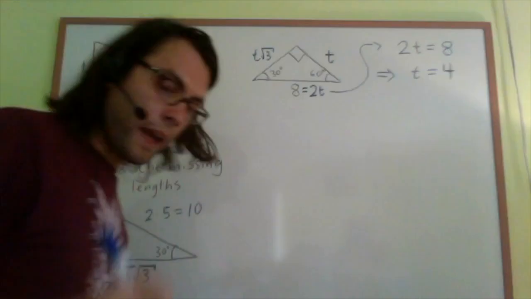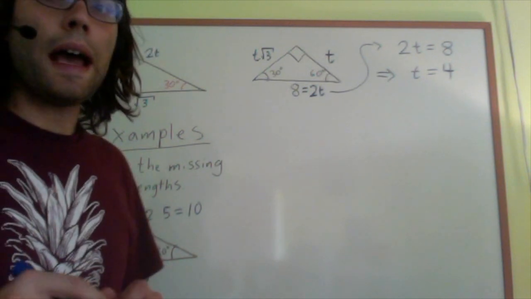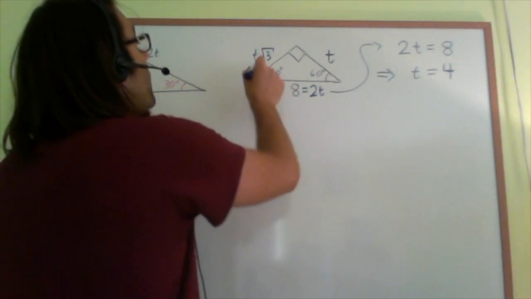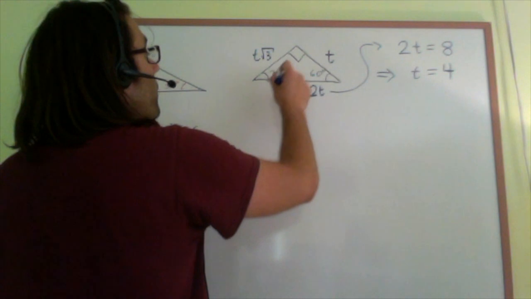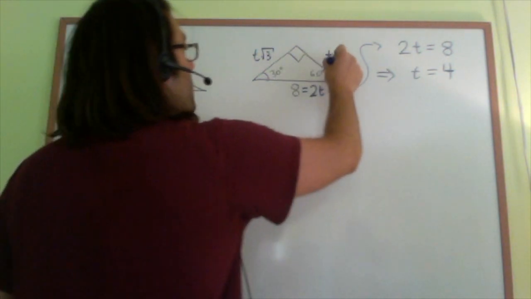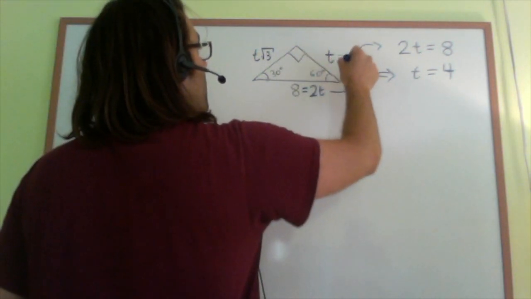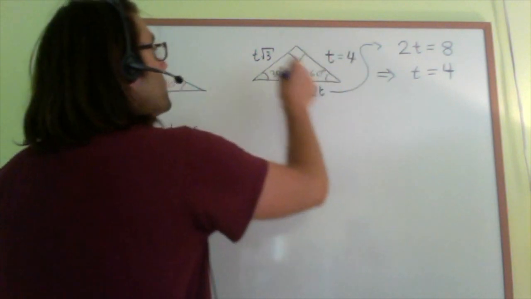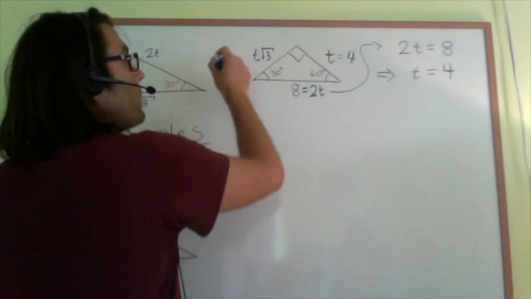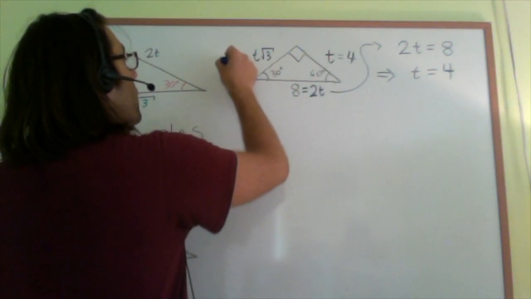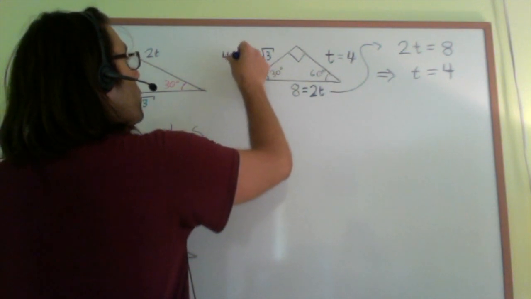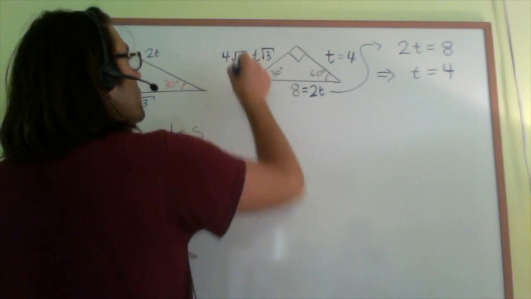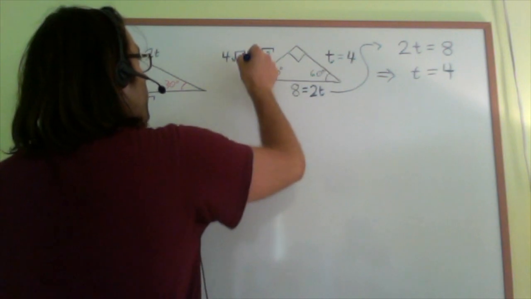Okay, so that means that the side opposite 30 degrees would have to be 4, and the side opposite 60 degrees would have to be 4 root 3.